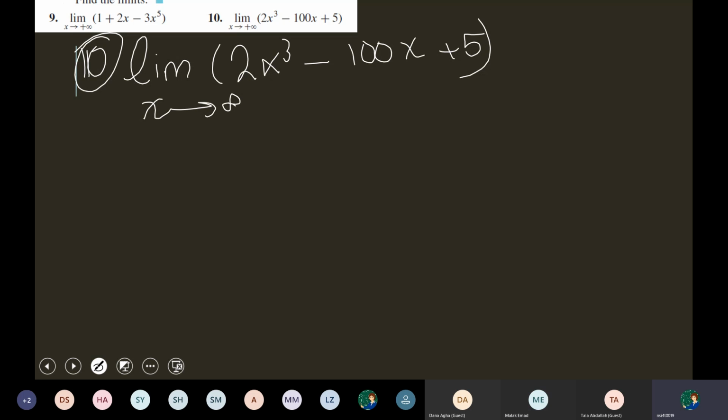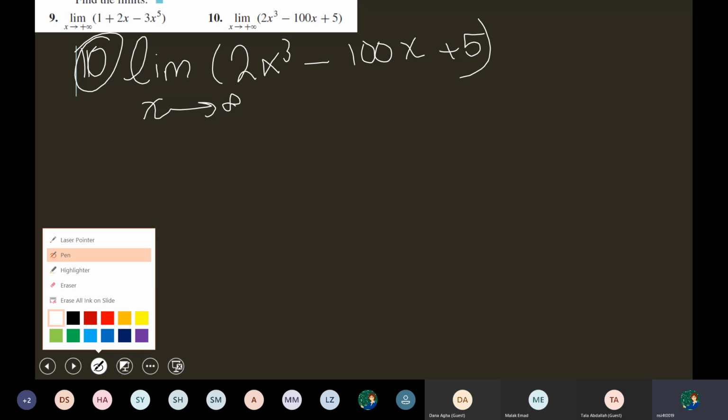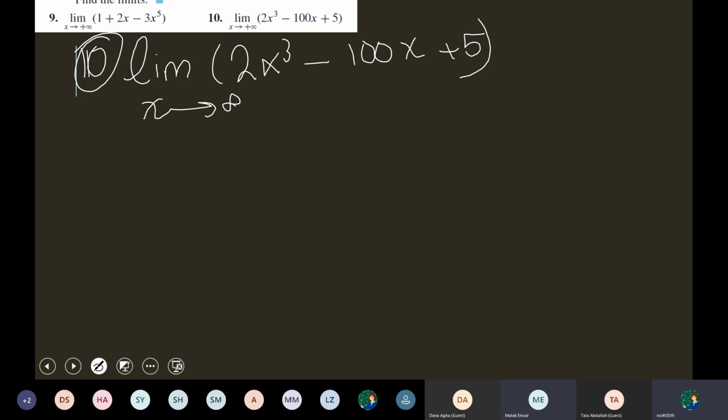Now, limit of 2x cubed minus 3x over 100x plus 5 when x approaches infinity. I will take 2x cubed, and we'll replace x with positive infinity.